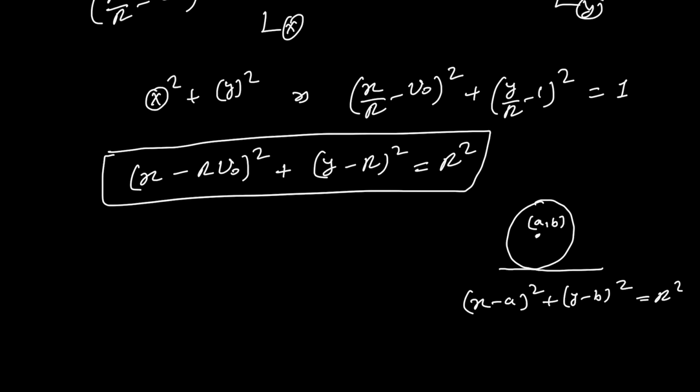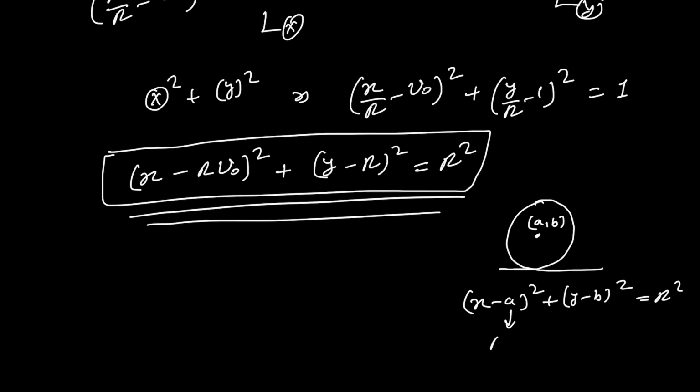So the equation which we are getting here is somewhat similar to this equation of a circle, with one minor change: instead of a at x, what we are getting is r v naught, where v naught is some velocity dimension-wise, and in place of b we are getting r.